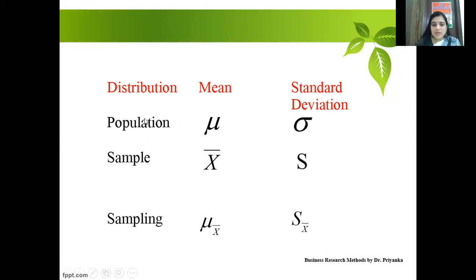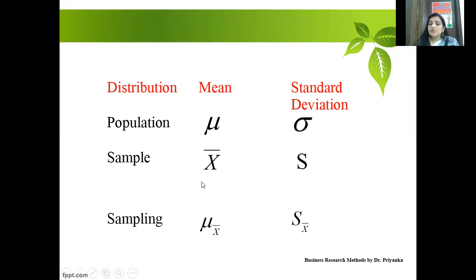When it comes to population, mu is the notation used for population mean, and for standard deviation, we use sigma, right? And in the case of the sample, we will be using X bar, which is generally used for average normally as well. This is for the sample mean, and the letter S for the standard deviation of the sample.